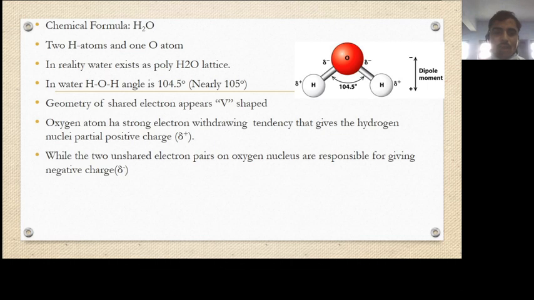The geometry of the shared electrons between two hydrogen atoms and one oxygen atom appears V-shaped.